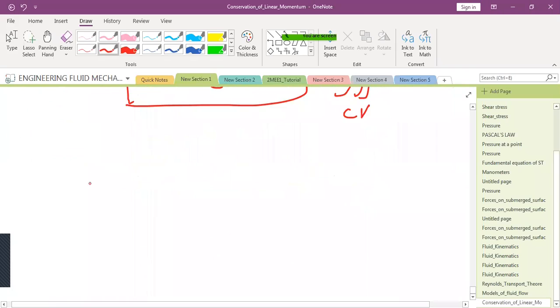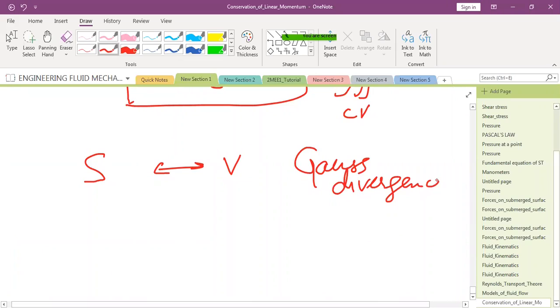So please remember, from surface to volume is always the divergence theorem, Gauss divergence. So from a closed surface to volume is Gauss divergence.